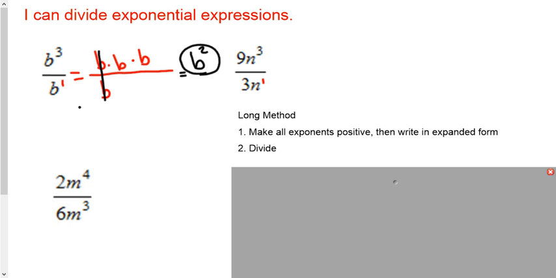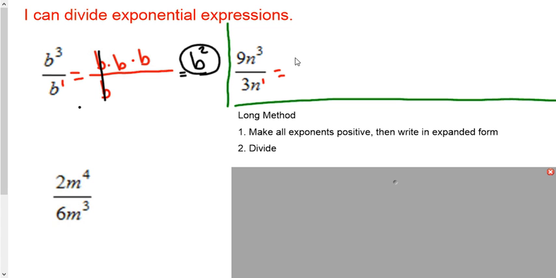So if we come through here and let's put a dividing line here, so that way you know this one's all by itself. What 9n to the third power really means is 9 times 3 different n's. And the same is going on at the bottom, except for it's a 3 times just the 1 n.